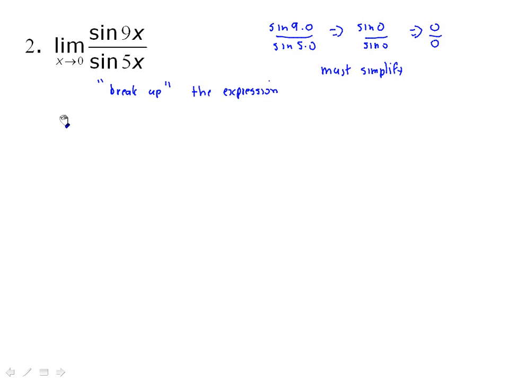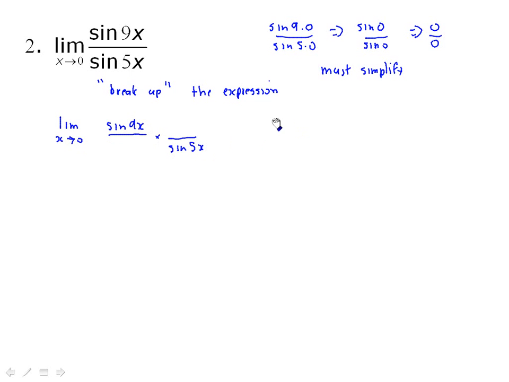And by breaking up the expression, what I mean is that we take the sine of 9x, keep that there, and we note that that's multiplied by the denominator of sine of 5x. So I keep each term separate.